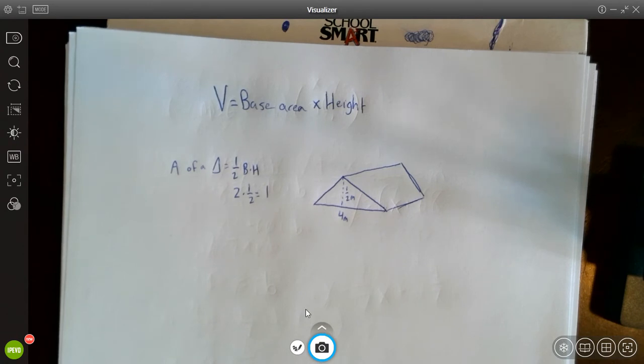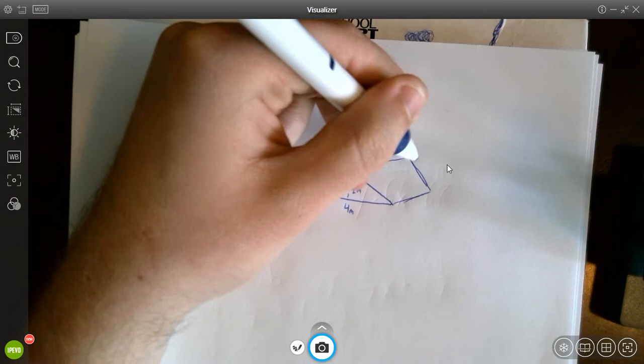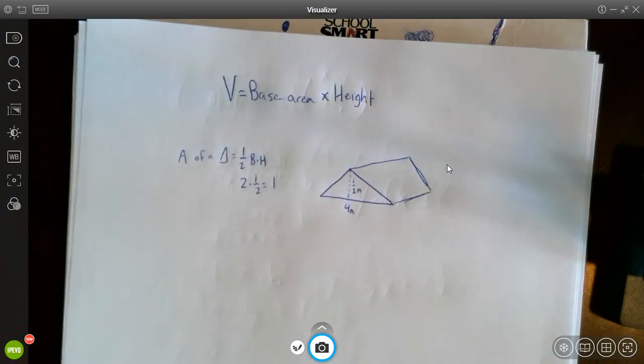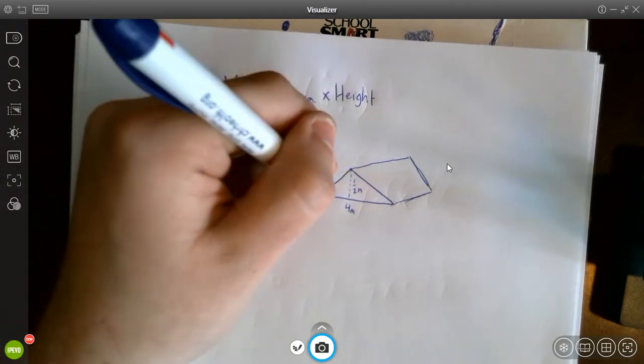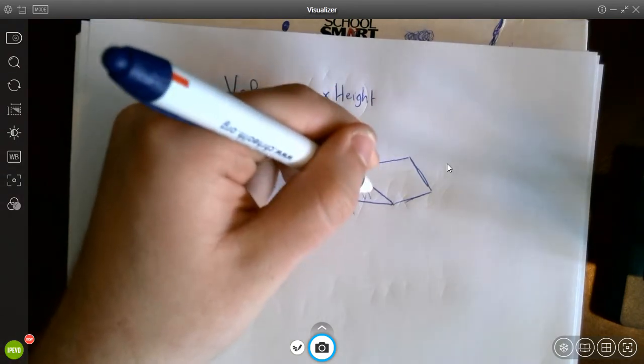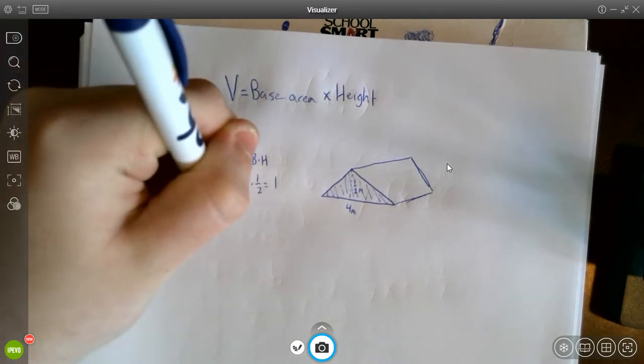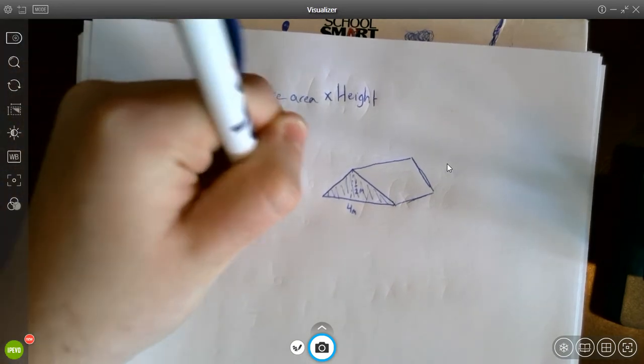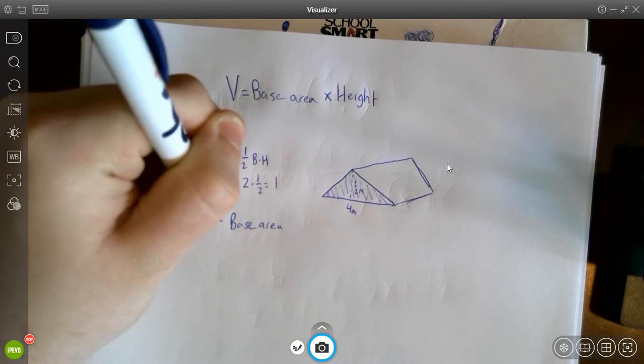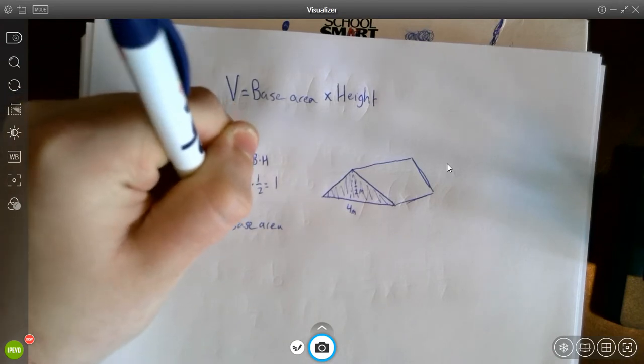And if we have that triangular prism there, the only other measurement that we really need is the length that it takes to get from the front to the back of that prism. So far, we know that the area of this whole shaded piece right here that I'm shading in right now is 1. That is our base area, 1 meter squared, 1 square meter.